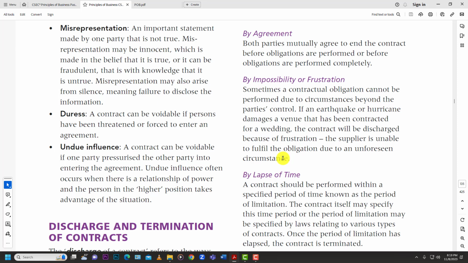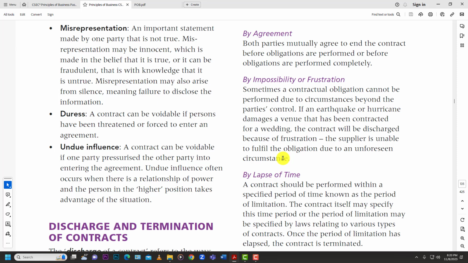Then you have by impossibility or frustration, which simply means that sometimes, due to circumstances, you just cannot perform what the contract wants to perform. And so that way the contract comes to an end. For example, if you have a contract with someone, and let's say you get in an accident or earthquake or hurricane or something, and the contract cannot be fulfilled because it's impossible at this point, then the contract comes to an end like that.